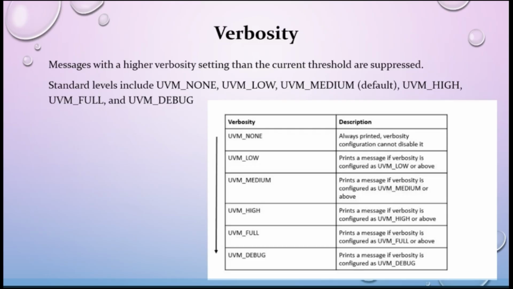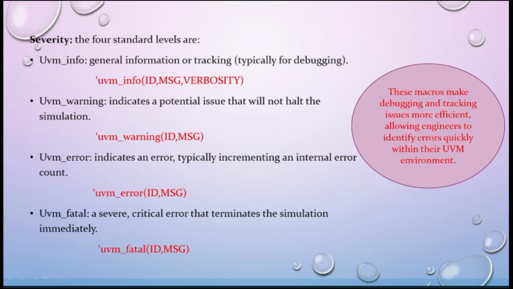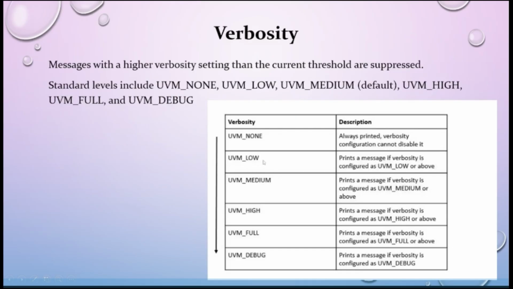Now let us see what the things are that will be denoted in these verbosity levels. As I already told you, UVM info consists of general information. Whenever there is a warning, it is reported by UVM warning. Whenever there is an error, it is reported by UVM error. Similarly, UVM low, UVM medium, and UVM high also have inbuilt things; we'll see that, right?